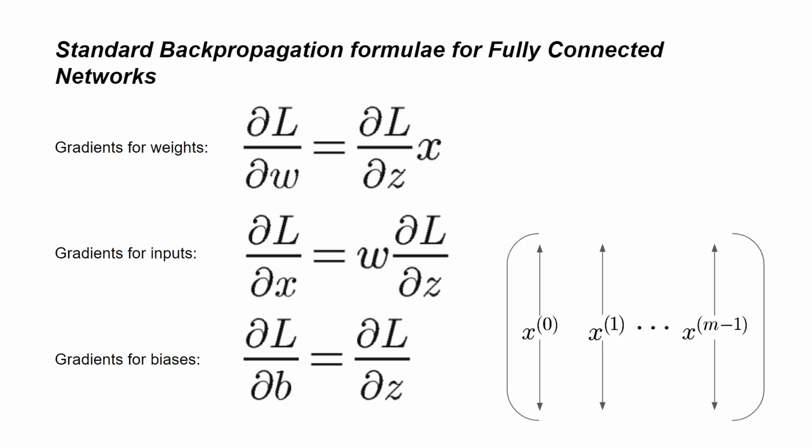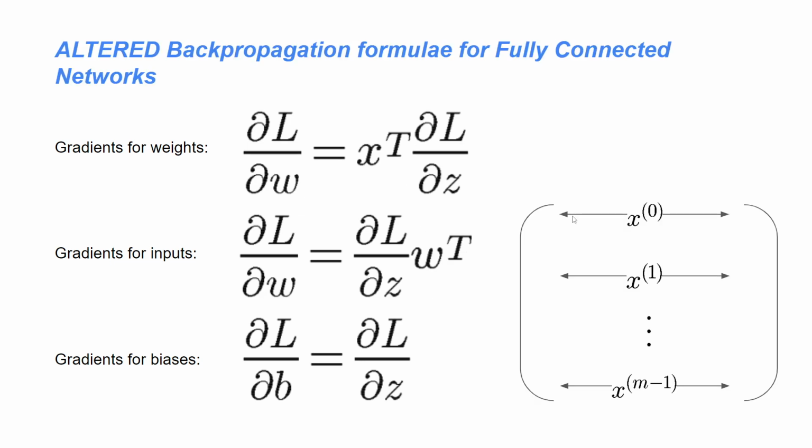Okay, cool. So these are the standard formulas for computing the gradients for a fully connected layer, or a dense layer in TensorFlow's case. First I want you to notice that the input data x at the bottom right over here, each training example is in its own column. A training example would be like one image or one row of a table if you were working with tabular data.